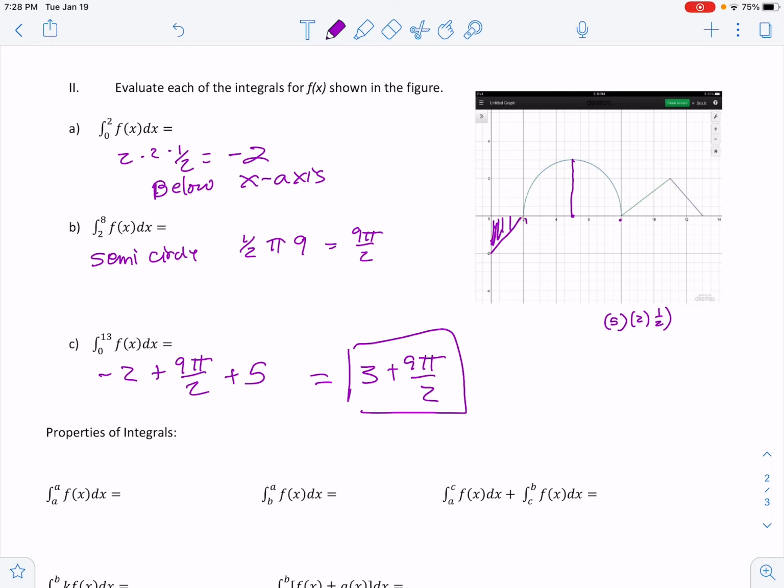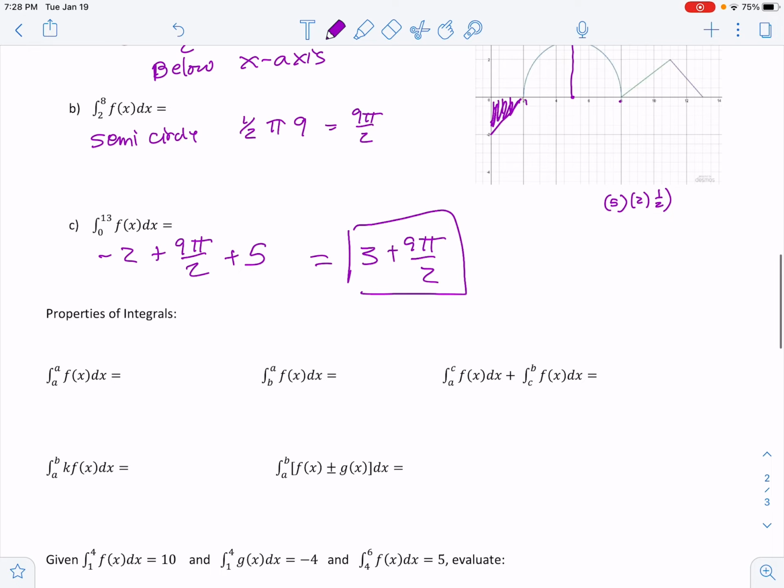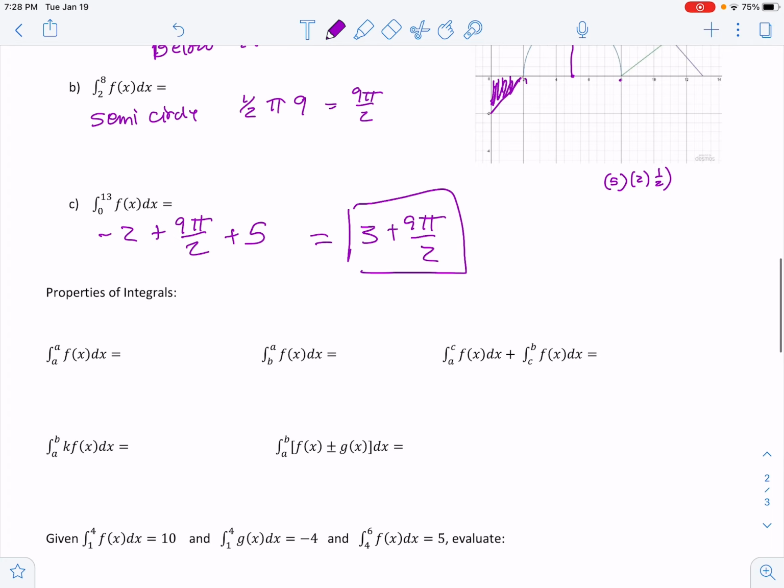If it's below the x-axis, it's negative. All right. Some properties. If you're integrating from a to a, you didn't go anywhere, so the answer is 0. No width. Okay? Integrating from b to a is the same as the opposite of a to b of f of x dx.